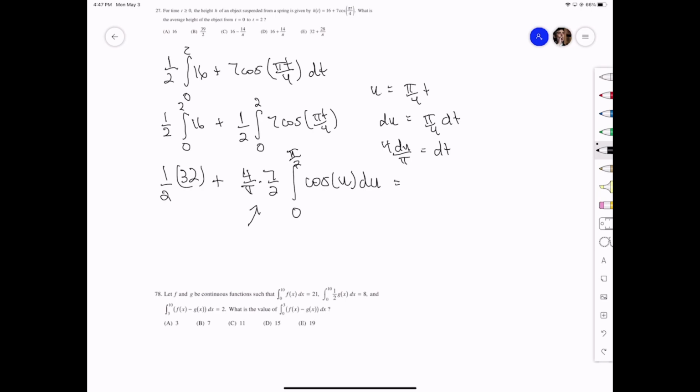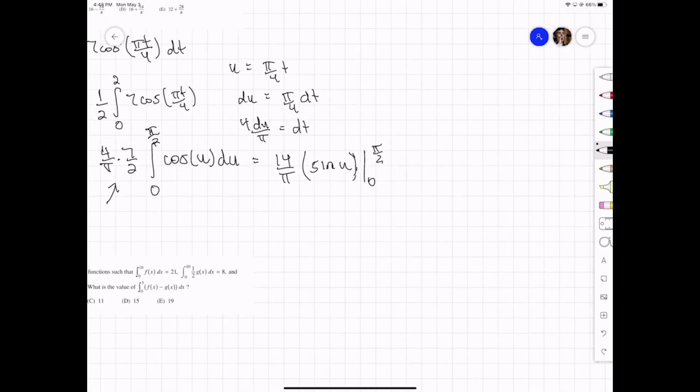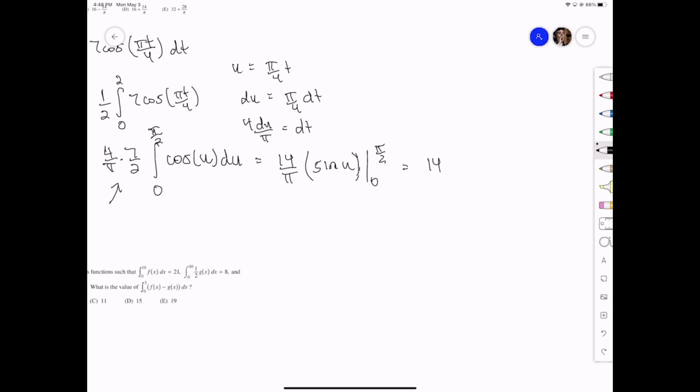So that's 14 over pi. Integral of cosine is sine. Sine u, 0 to pi over 2. So that is 14 over pi, and then 1 minus 0.